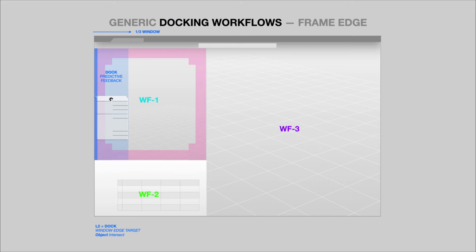Then as we entered the next level, the dock level, we would give this sort of purple-blue and show a very translucent predictive area where that would land. And then if we dragged all the way to the edge, we would show this green to essentially show that third level target.